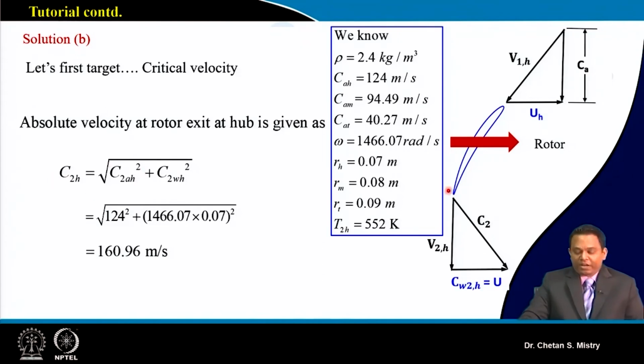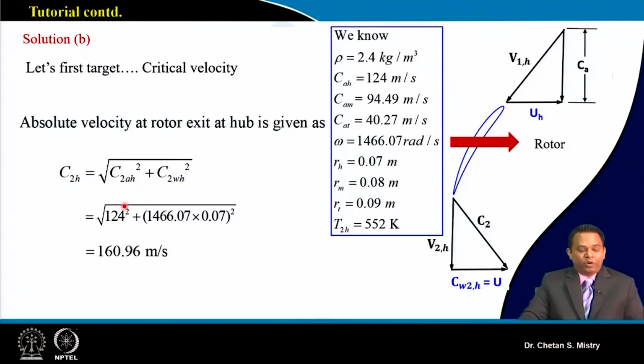If we are considering this as my triangle, we can write down my absolute velocity, which is made of my axial velocity and my whirl velocity component. Now be careful, this whirl component we are calculating is at the hub. So specifically I am writing here, hub.